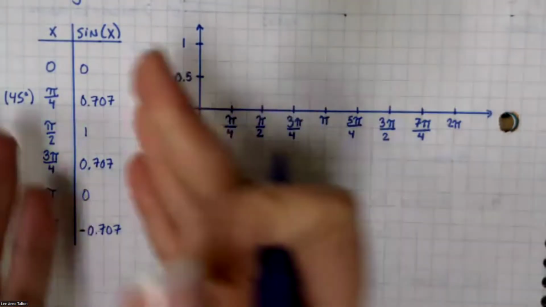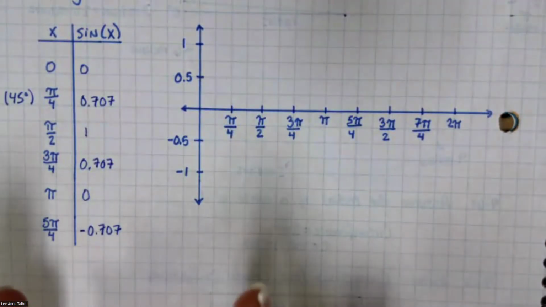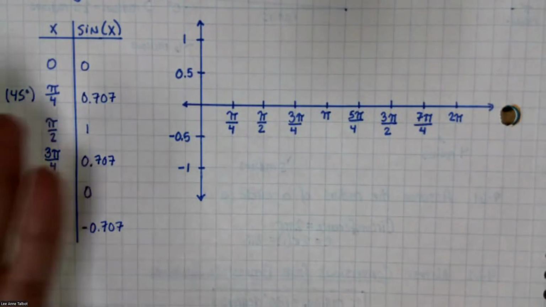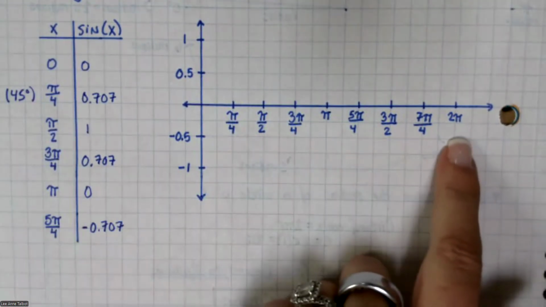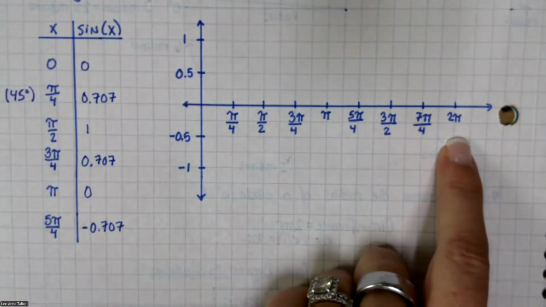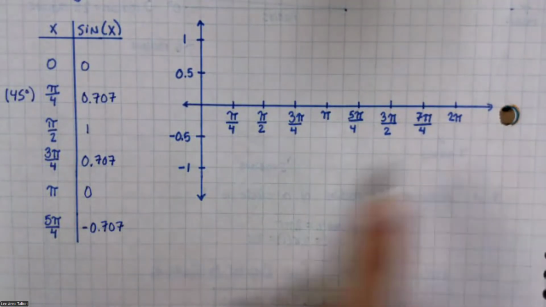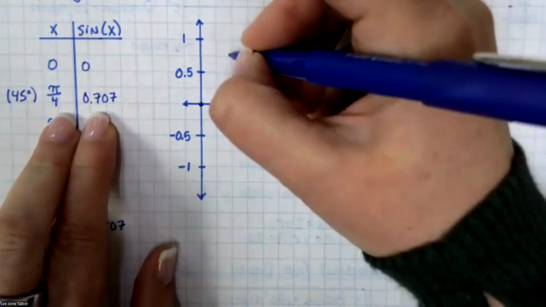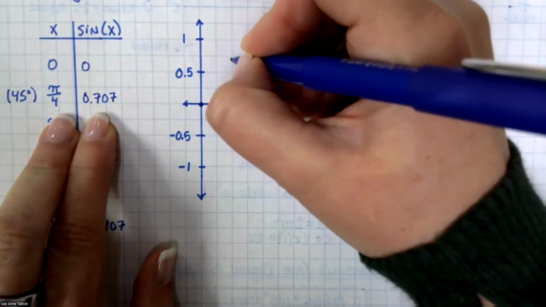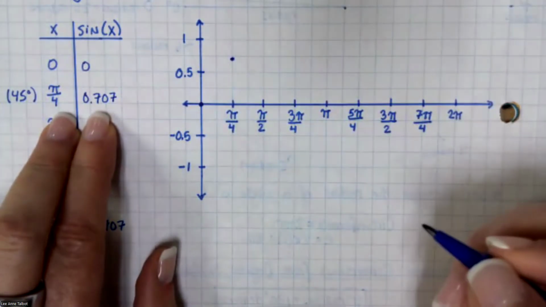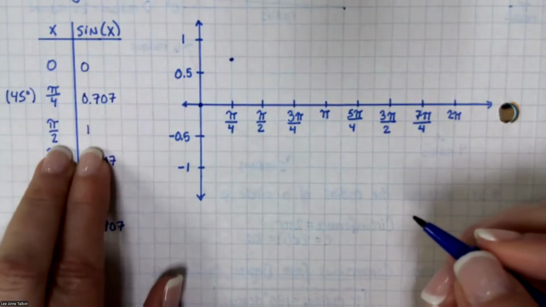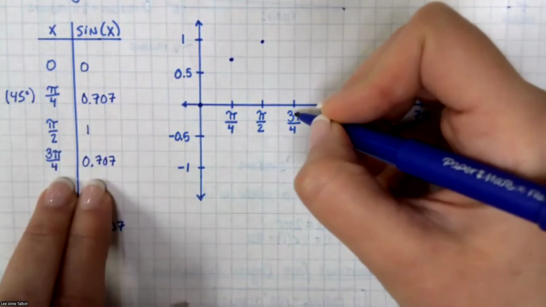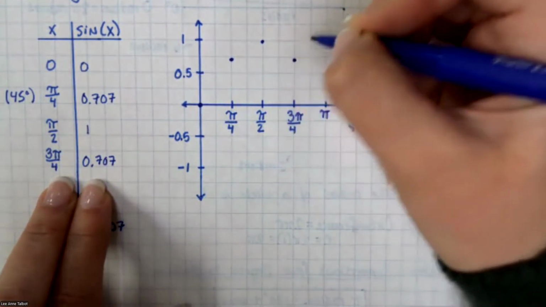Okay, well, I'm hoping that I'm comforting you in the fact that the sine wave did not change. It's his usual self. It's just that we changed the units. It's like changing from inches to feet on the x-axis. No big deal. So 0 is still 0. Pi over 4 is 0.707. Pi over 2 is 1. 3 pi over 4 is 0.707.